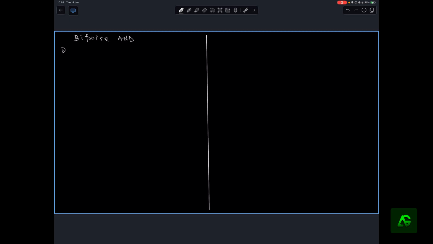No, there is a little difference, so you just need to note the difference. For the bitwise AND, we use this symbol. If I have 0 and 1, it gives us 0. 0 and 0 gives us 0. 1 and 0 gives us 0. But 1 and 1 gives us 1.